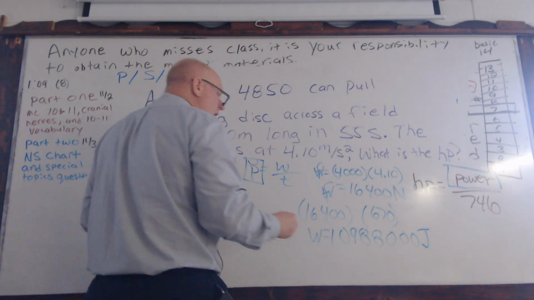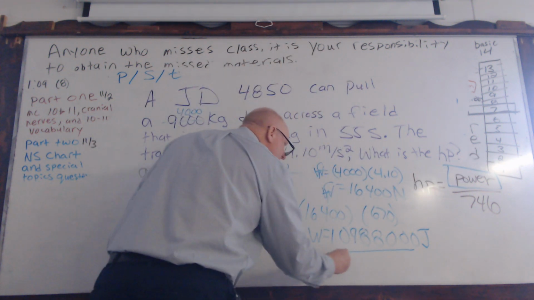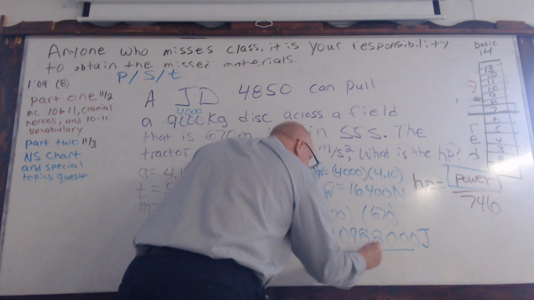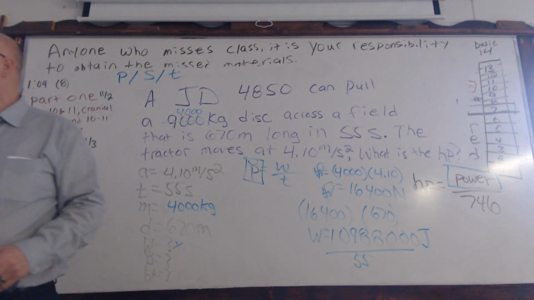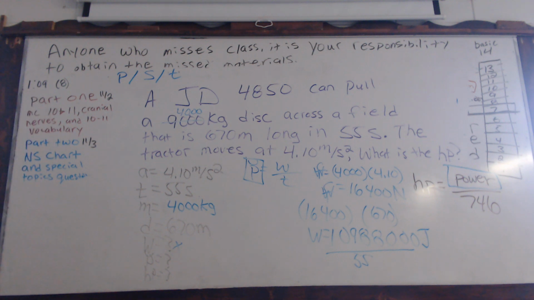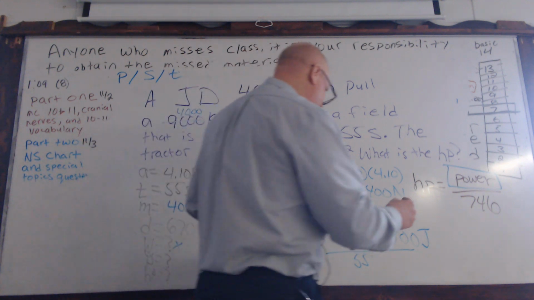Okay? So once we divide this by 55, our work divided by our time gives us power. So that big number divided by 55, you're still going to have a fairly large number.